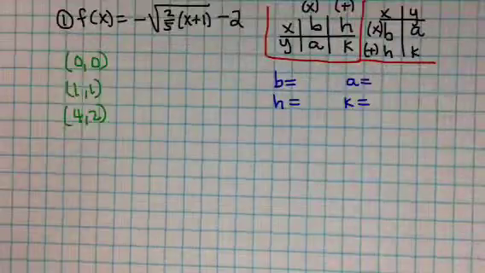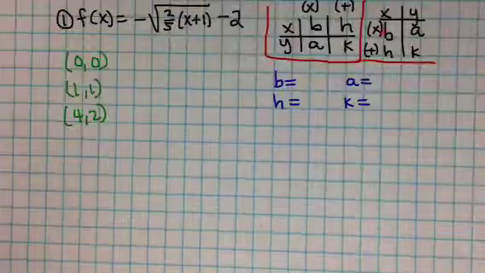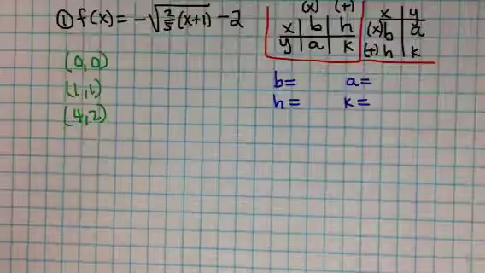Same thing over here in the vertical one, where the multiplication is right here in front of the B and the A, and the addition is right here in front of the H and the K. So however you want to look at it is fine. It's the same thing.